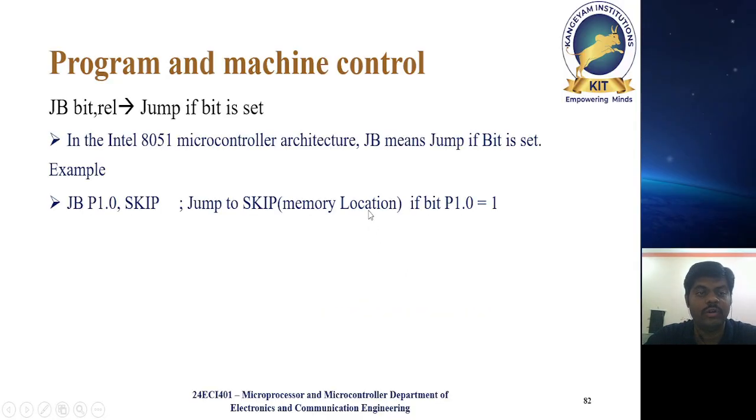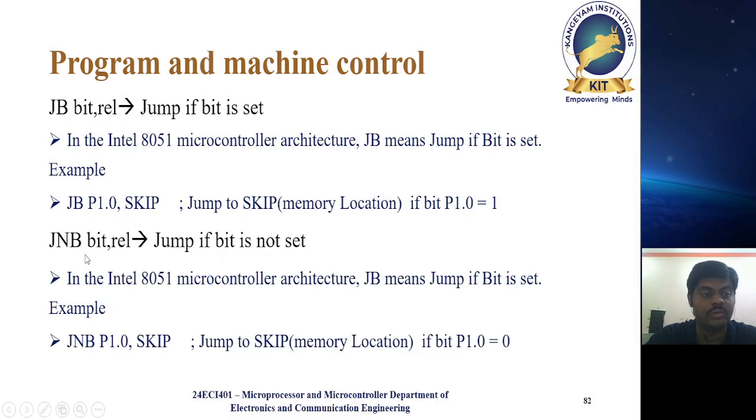The next instruction is jump on bit. Jump on bit checks the value of a bit. If this bit value is equal to 1, the condition becomes true, and it will jump to the given memory location. Jump on no bit is the opposite of this.